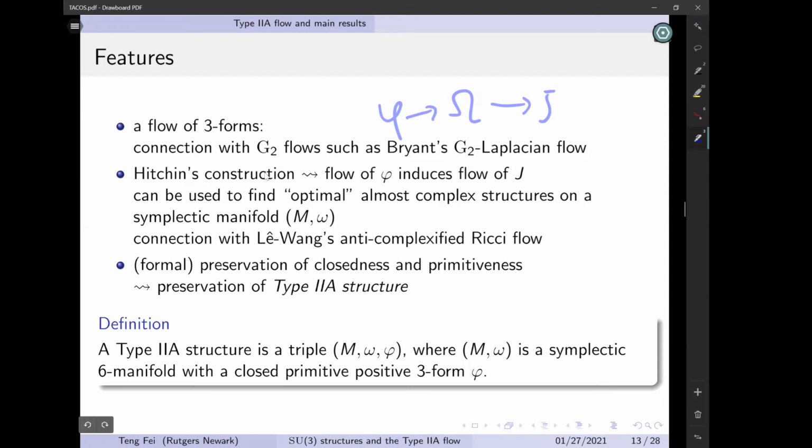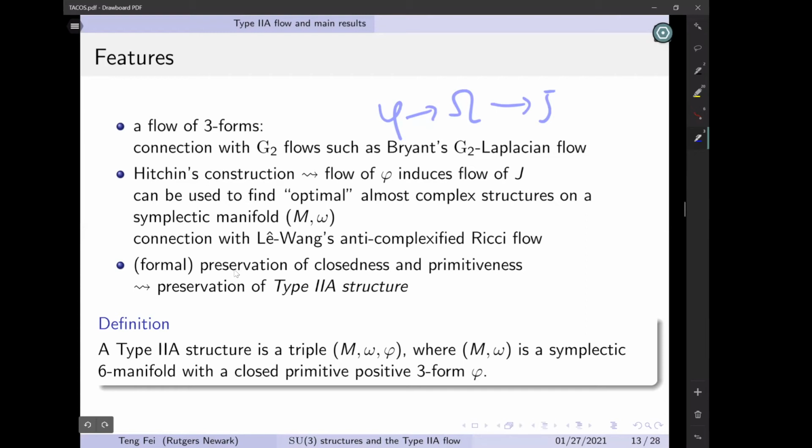Therefore, our flow can be used to find optimal almost complex structures on a fixed symplectic manifold. In the literature, there are some other flows like this. For example, there's Le-Wang's anti-complexified Ricci flow. And in fact, there's also a connection between our flow and Le-Wang's anti-complexified Ricci flow.